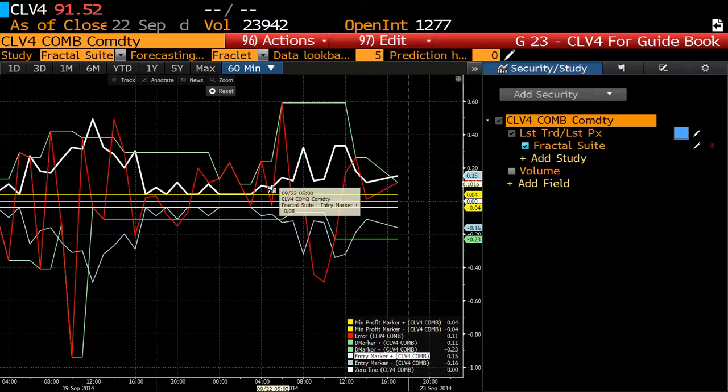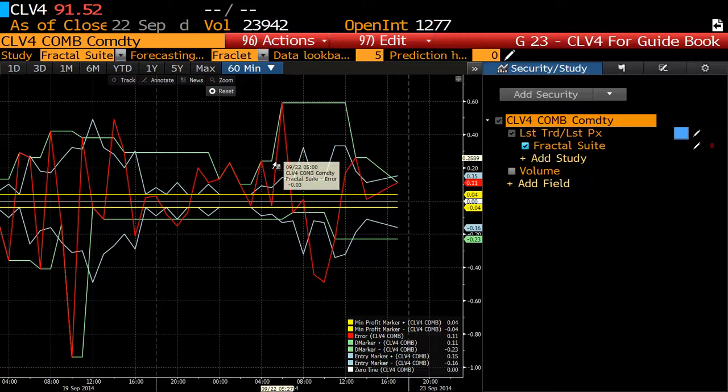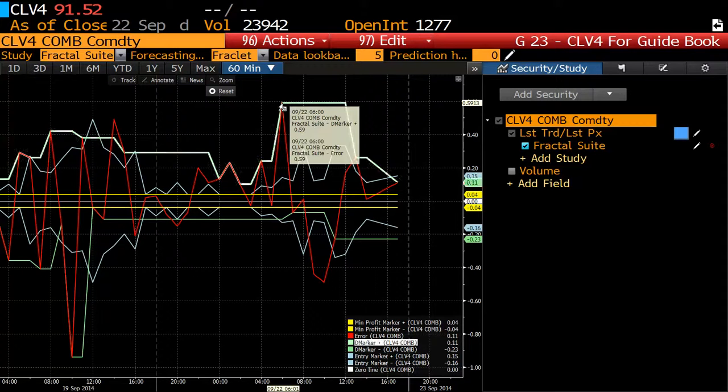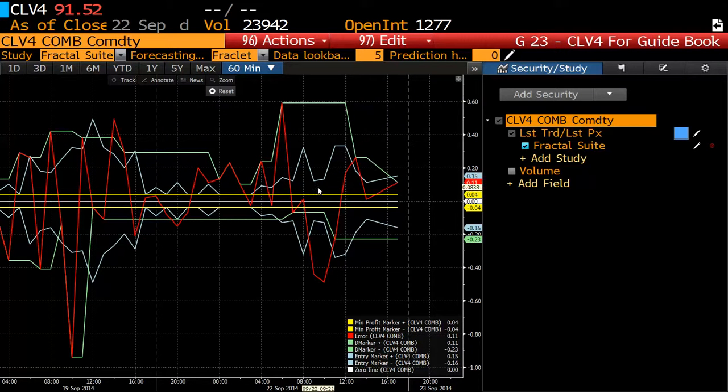Here we would have gone short on the trade at this point, and we would have taken a huge amount of heat, and probably if we had a stop loss in the trade, we would have been stopped out. However, thanks to our dynamic marker, it locked on to the error and it did not allow us to enter into the trade.